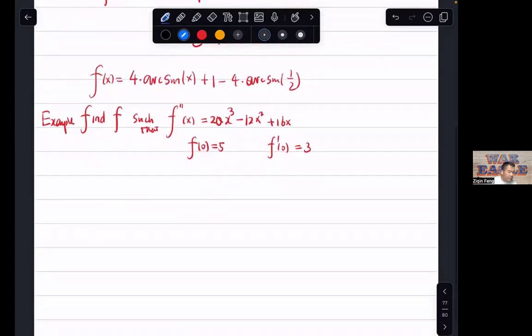Before we figure out the solution, you need to get the most general antiderivative of such a function.